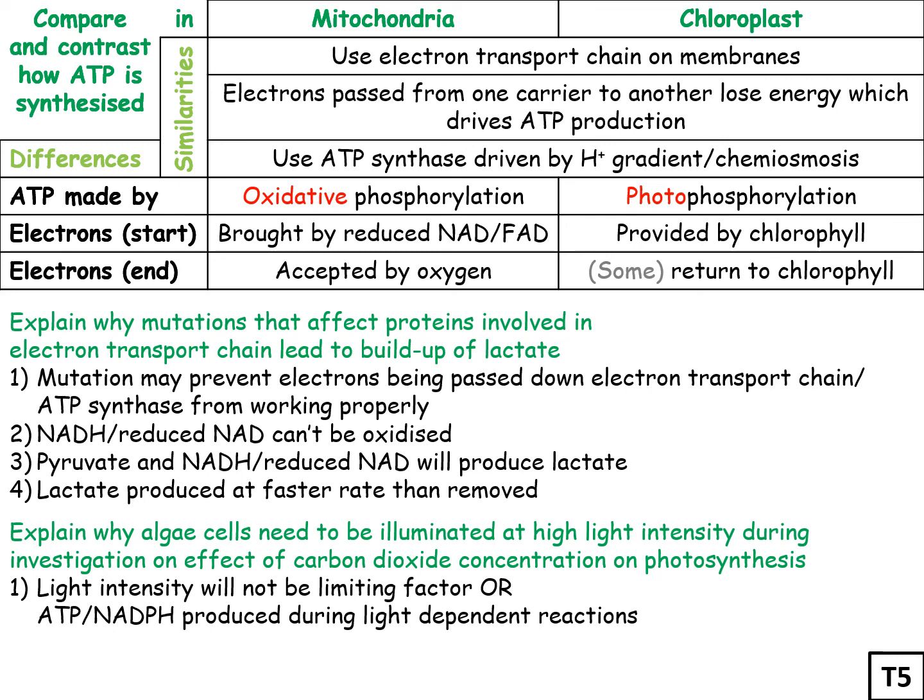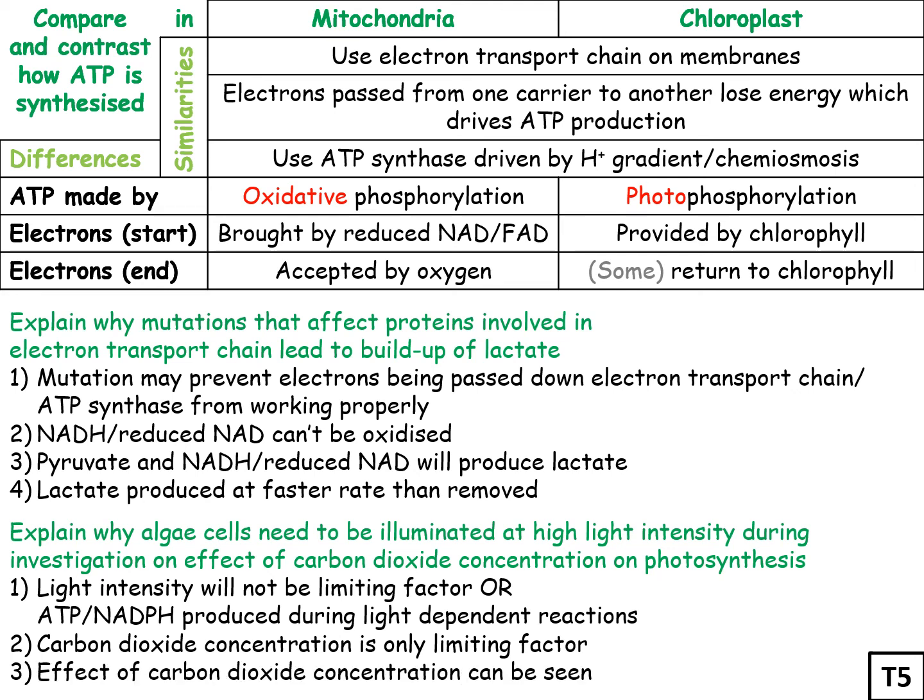We don't want them to be a limiting factor, because we only want to see what effect carbon dioxide has. So carbon dioxide concentration should be the only limiting factor, so we could then see what the effect of carbon dioxide concentration is on photosynthesis, and not light intensity, or ATP or reduced NADP.